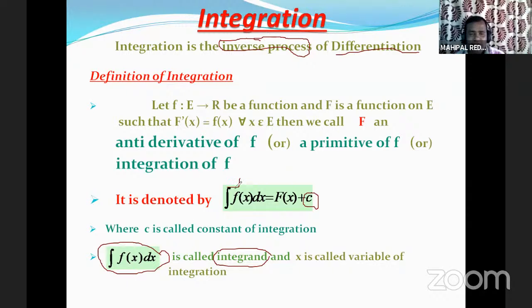It is denoted by integration f of x dx, which equals capital F of x plus c, where c is called the constant of integration, integration f of x dx is called the integrand, and x is called the variable of integration.